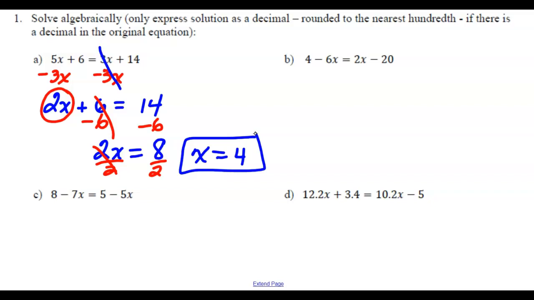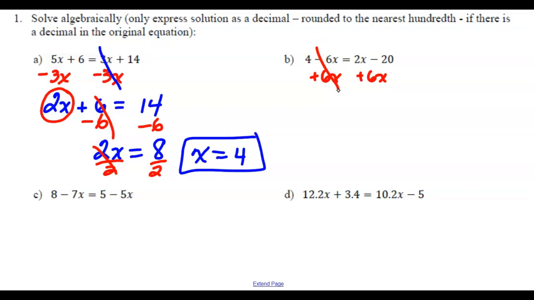All right, so next one here, 2 terms with x, 2 constant terms. What's smaller, negative 6x or positive 2x? Smaller is the negative one. It's fine if you do it the other way, but I'm going to add 6x to both sides to get rid of the x on the left.